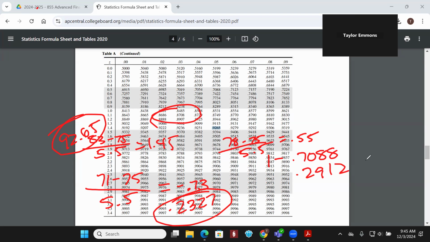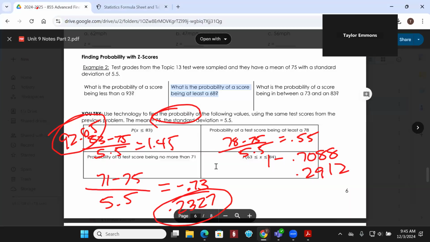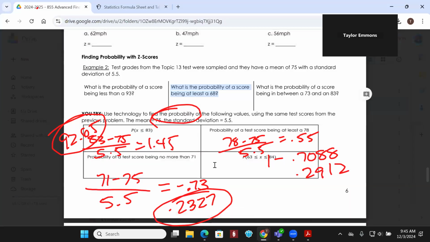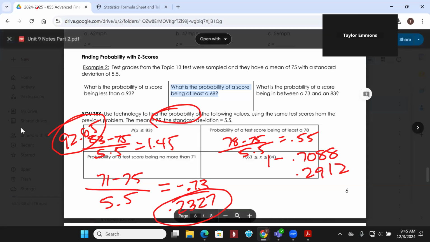Okay, the last one, you're going to find the z-scores, go find the probabilities, and then subtract them. On the last one, you're going to do 63 minus 75 divided by 5.5, and 84 minus 75 divided by 5.5.